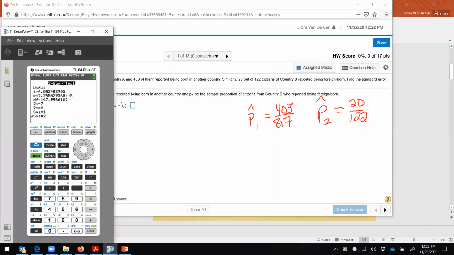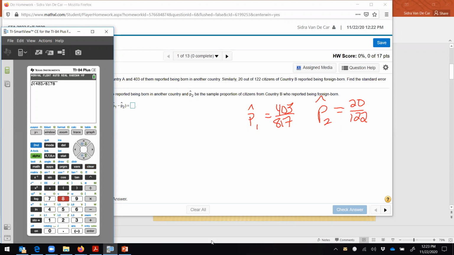Okay, so let's clear what's on there. So we had the square root of, and then it was P1, which is 403 over 817. Oops, parentheses, 403 divided by 817. Times Q1.